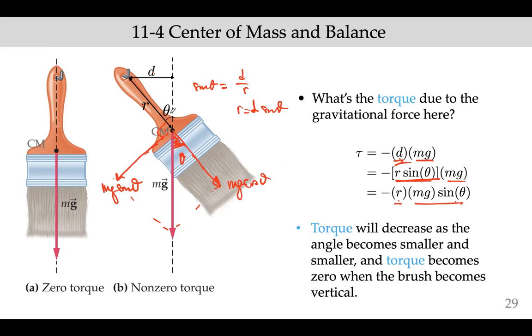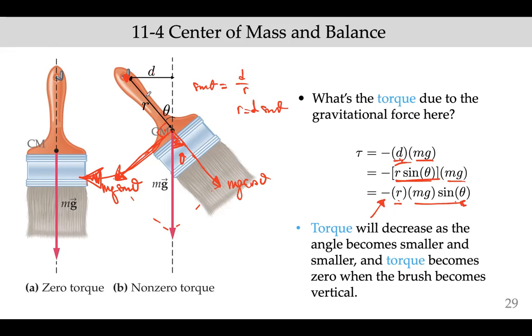But the point here is also that there's some non-zero torque here. And what is the sign of it? Well, if this is the axis of rotation and this is the force that creates torque, it tries to rotate the brush in this direction, right? That direction is clockwise, so that's why we have a negative sign here. And torque depends on the angle.